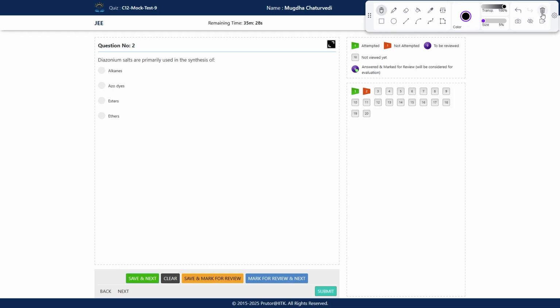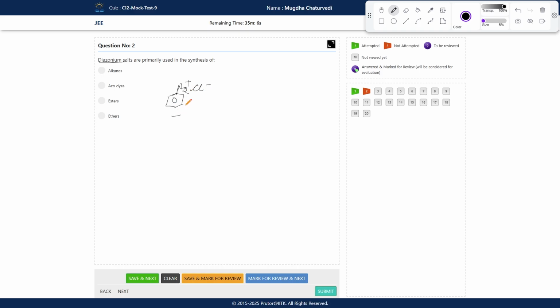Now we will see the next one. The next one is diazonium salts. They are primarily used in the synthesis of... So if we talk about aromatic diazonium salts, here we have N2+ and Cl- ions.